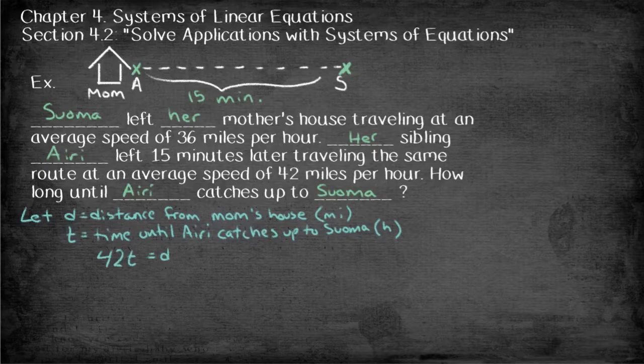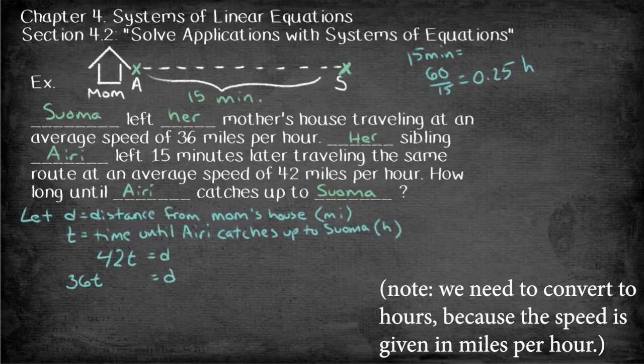And then we also want to write an expression for Suoma's distance. It's the same distance and the same time in both equations, but keep in mind that Suoma had a 15-minute head start. So she already traveled 15 minutes worth of distance, which 15 minutes is equal to a quarter of an hour.